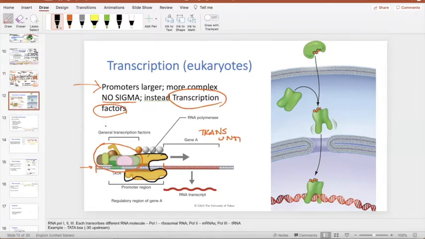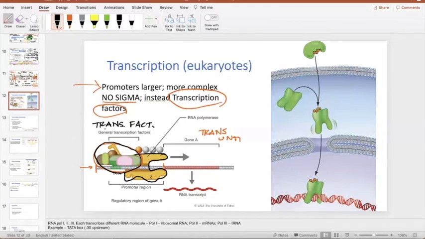So these proteins that have started this process are called transcription factors, or your book calls them general transcription factors. Again, what they do is they attach to the promoter of genes, and that allows RNA polymerase right here to recognize the beginning of the gene.